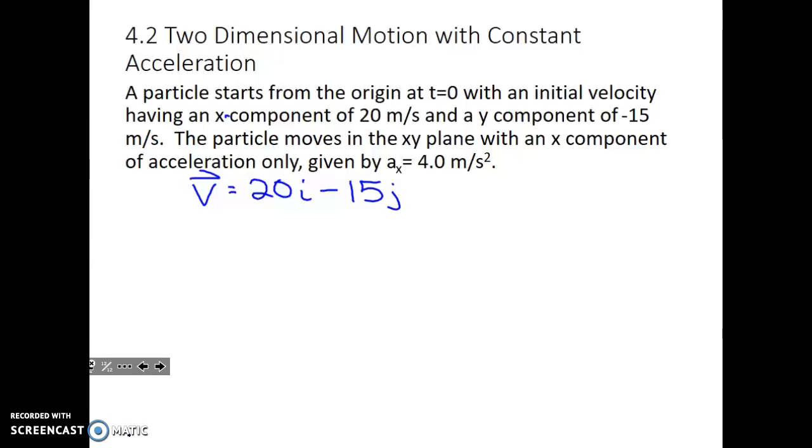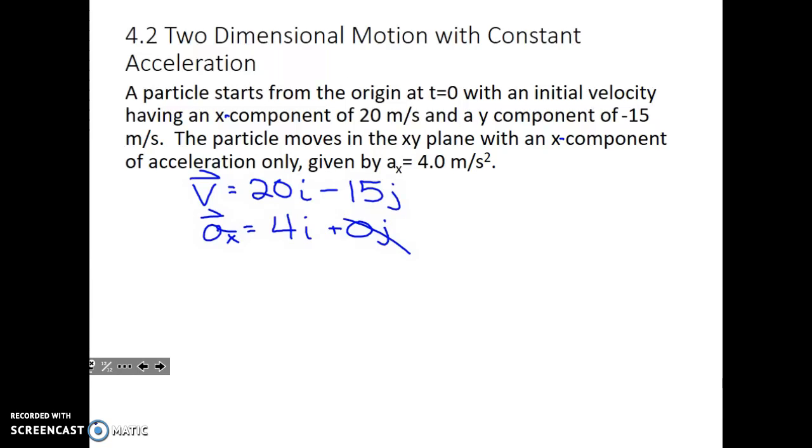The particle moves in the xy plane with an x component of acceleration only, given as 4, so 4i plus 0j, but that goes away. So you could designate it as a of x equal to 4, and that would be the x component.